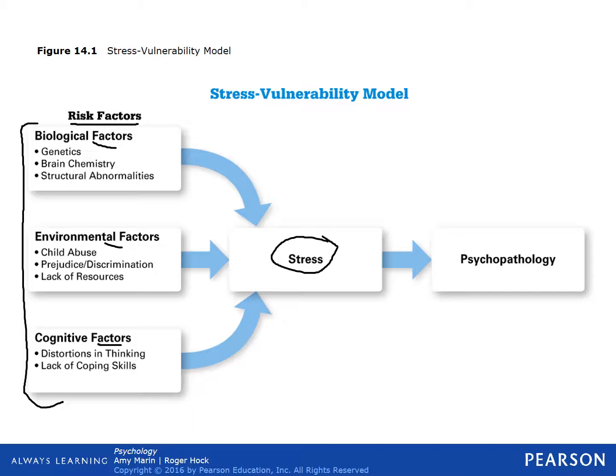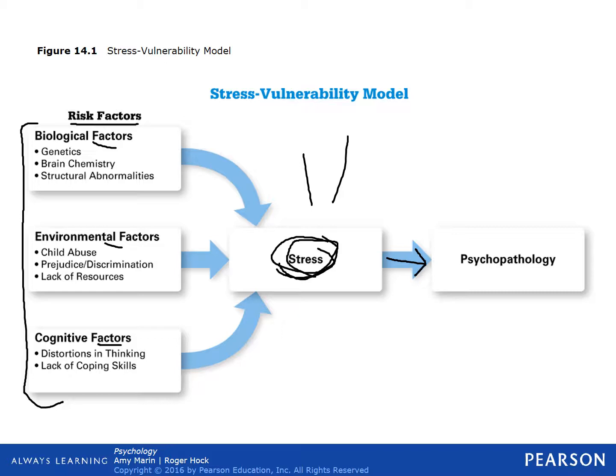And that's why some people can experience all this stress coming in, but if they don't have these risk factors, then the stress isn't going to lead to the pathology. It's just going to be dealt with in some way and not lead to disorder or dysfunction.